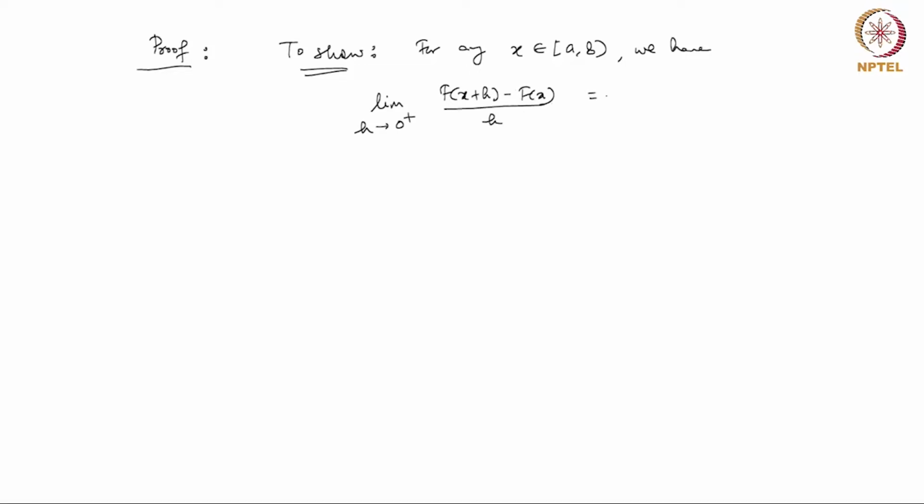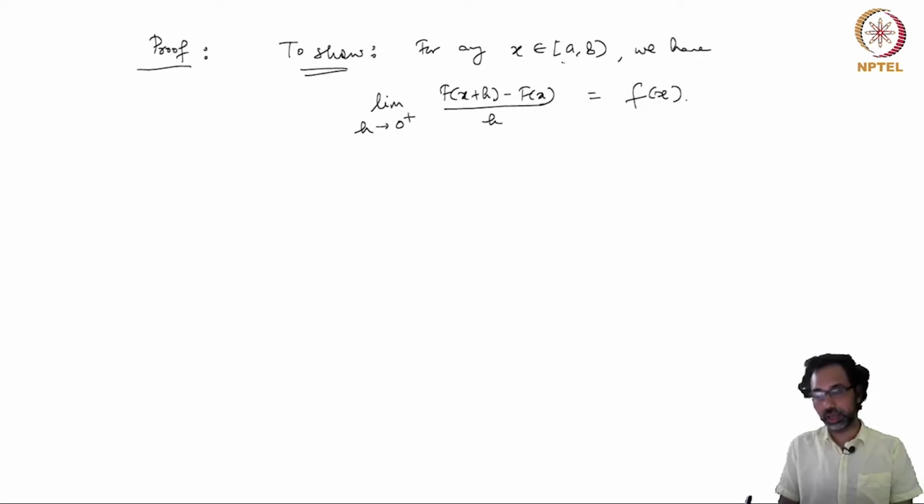So we have to show that for any x in [a, b), with a included and b excluded, we have that the limit as h tends to 0 plus of (f(x+h) - f(x))/h is equal to f(x), noting that here we can only approach a from the right, so it's a right-handed limit with h approaching 0 from the right.